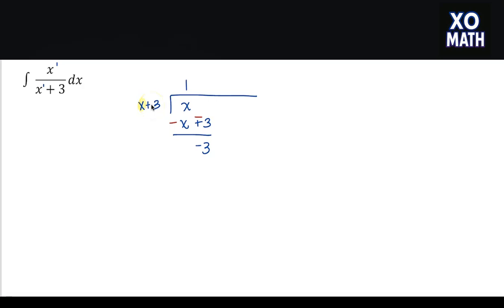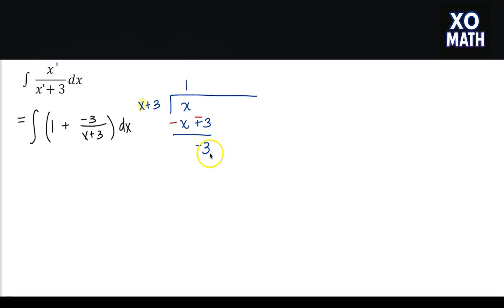So here, x over x plus 3 turns out to be 1, again the quotient, plus the remainder, which was negative 3, over the divisor, x plus 3 dx. This is more of a review of long division than anything else.